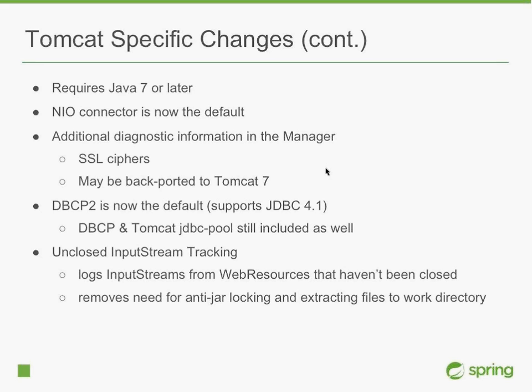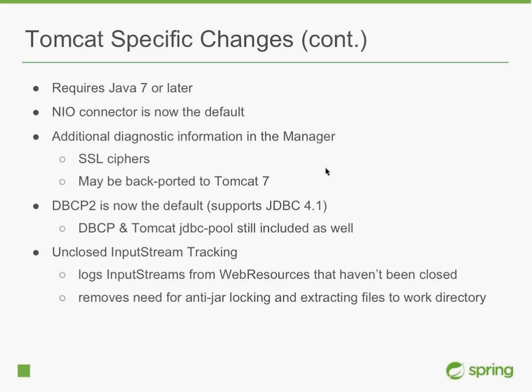We'll see. And a recent addition to the container is the Apache Commons database connection pool. Version 2 is now the default JDBC pool. And of course, the prior DBCP and Tomcat JDBC, Tomcat specific JDBC pool are still included as well. So if you've got applications that are using either one of those, you won't suddenly find that those classes are missing.